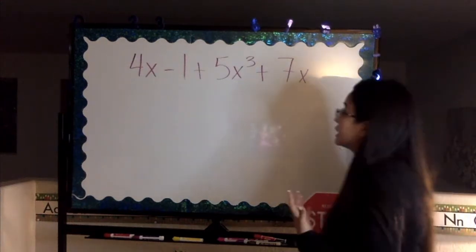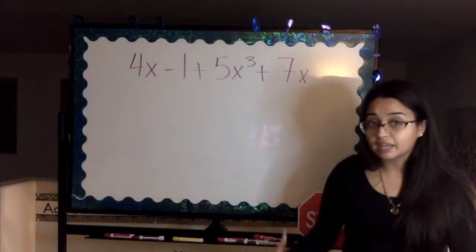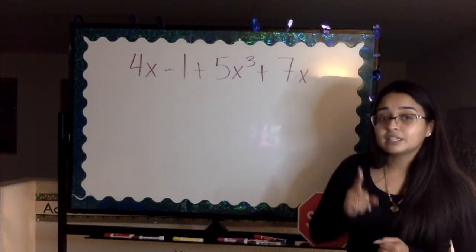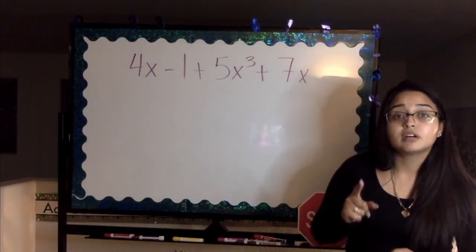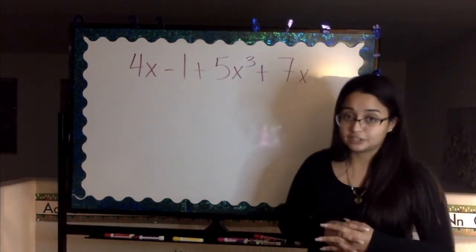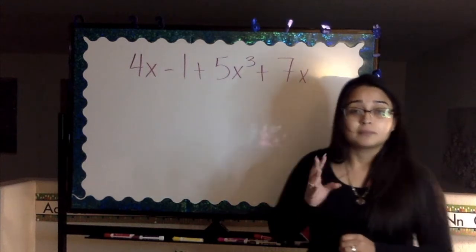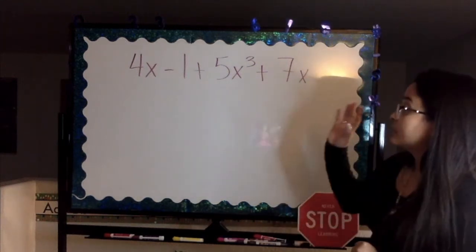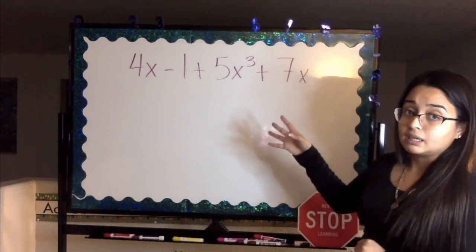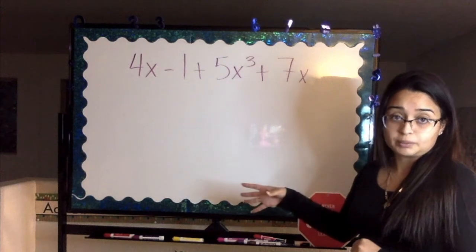So make sure that when you're looking at it, if there are 2 terms that are alike, combine them together. Another thing about that is be mindful of your signs, positives and negatives, when you're combining like terms. That's important. So please go ahead and put this polynomial in order and then tell me what classification it will be.